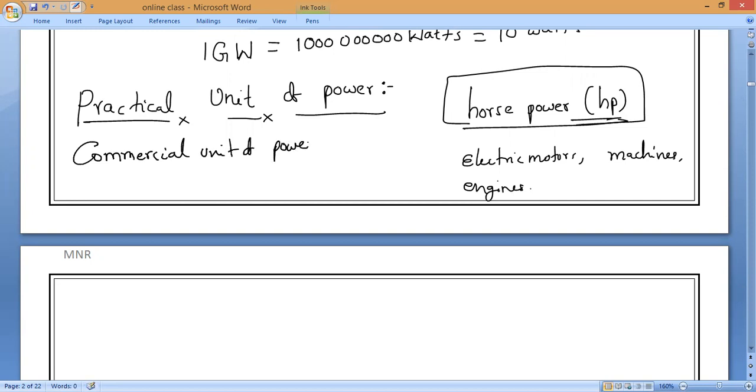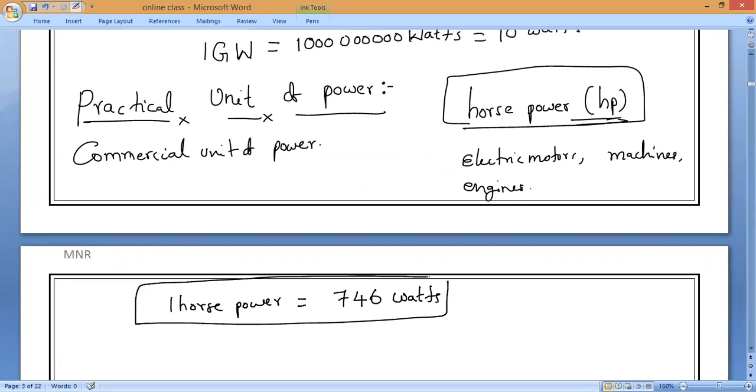Is it okay, guys? Everybody? So now, 1 horsepower is equal to how many watts? All of you remember, 746 watts is equal to 1 horsepower. So that is what you have to remember.